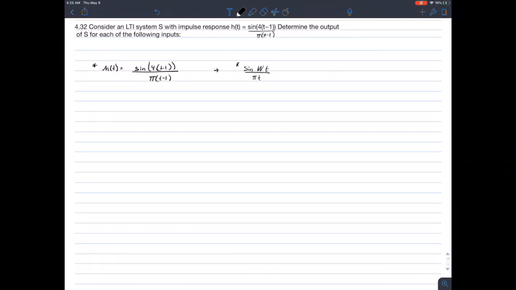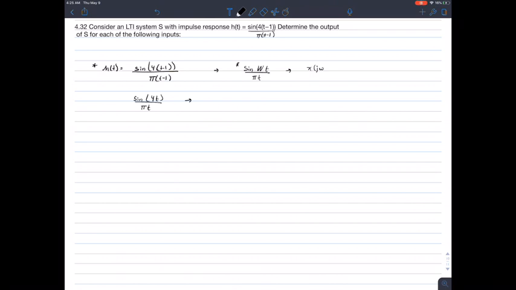Okay, so first we can notice that h of t has been multiplied by 4. So sine of 4t all over pi t, and that would give us, originally first, let's show what this would give us.